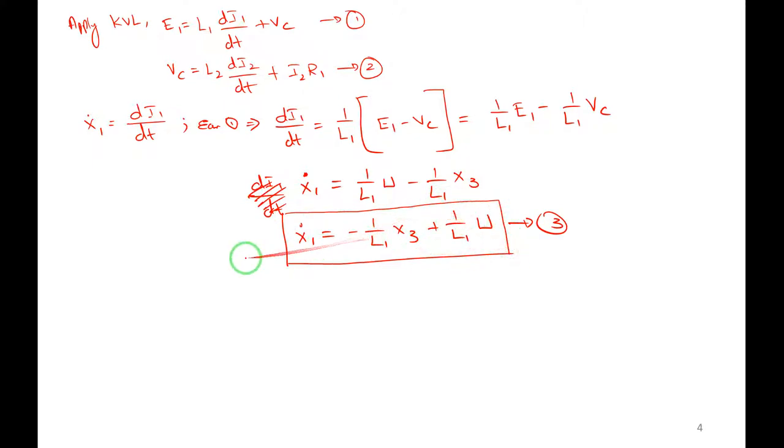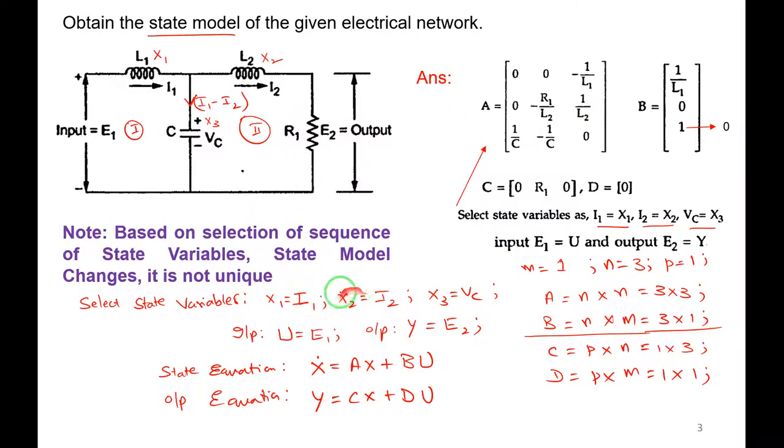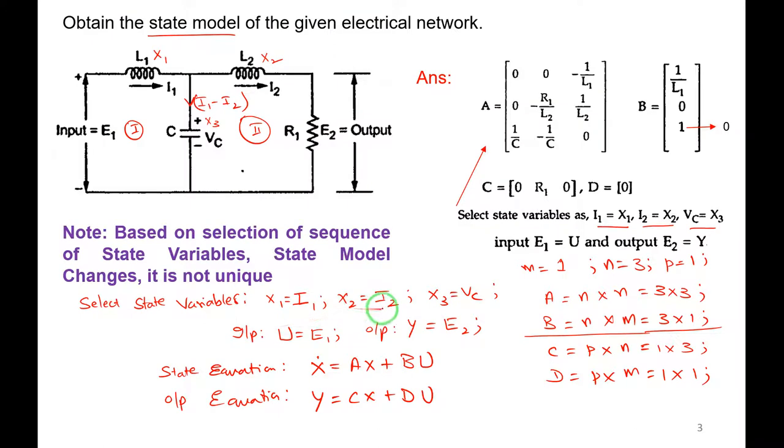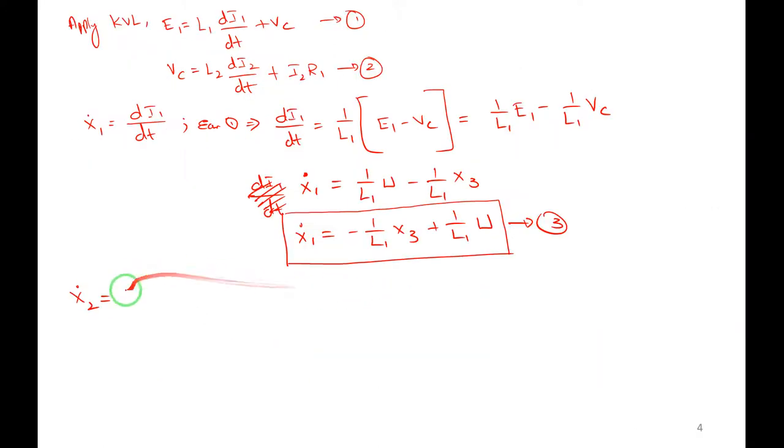Okay. Next, x1 dot is over. Next, we will obtain x2 dot. So what is x2 dot? It is di2 by dt. I2 dot is nothing but di2 by dt. From equation 2 you can get di2 by dt. Is it fine?